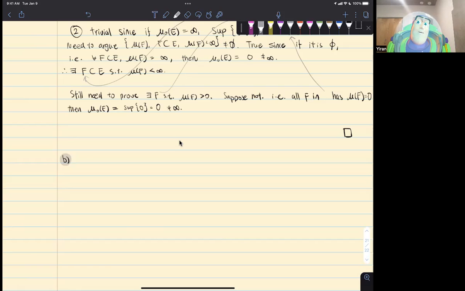So to let the equation hold, we need to set nu of E equal to infinity. That gives me intuition on how to set up my nu: nu of E is infinity if mu of E is infinite, and 0 if mu of E is finite.